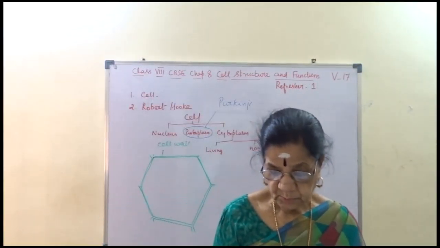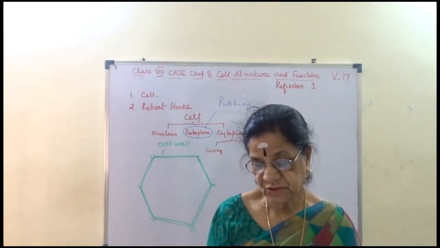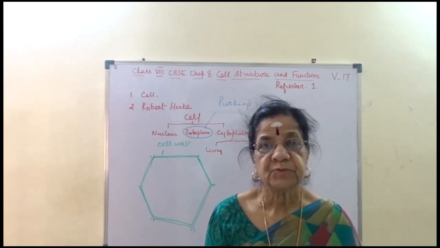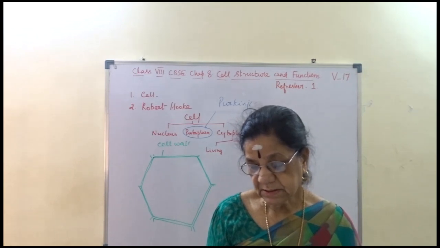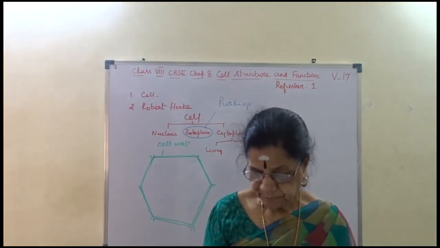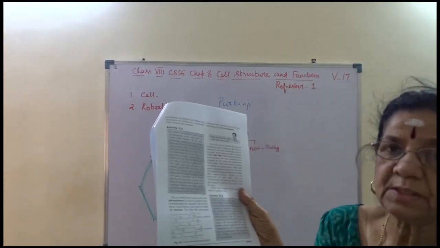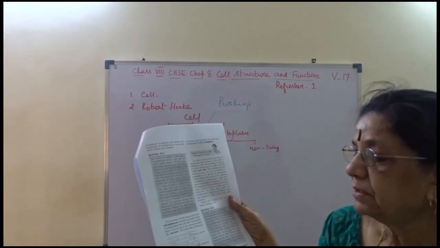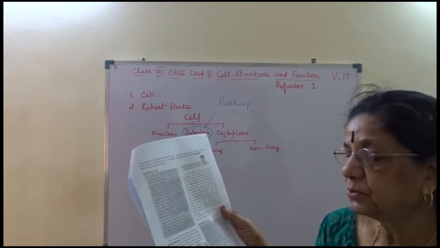So, the boundary of the cell is the cell membrane, covered by another thick covering called cell wall. Right? The central dense round body in the center is called nucleus. See here, this is the diagram explanation: cell wall, then inside cytoplasm, and in the center is the nucleus.